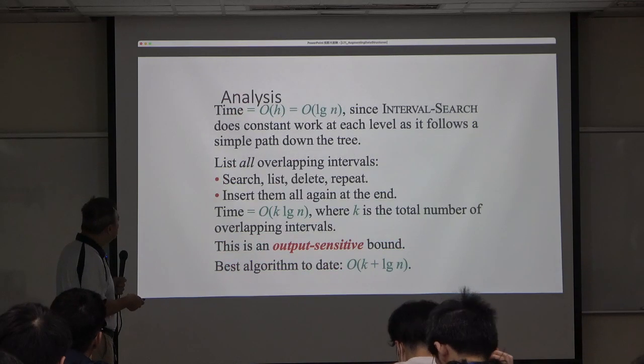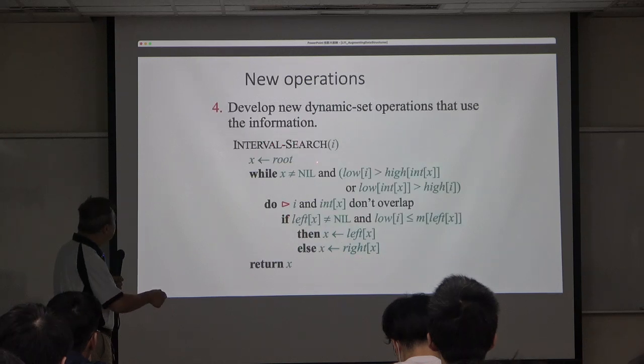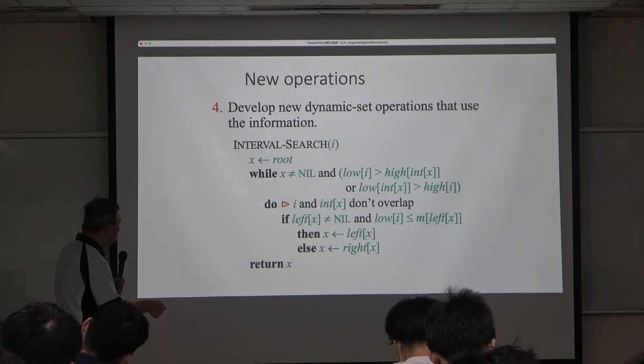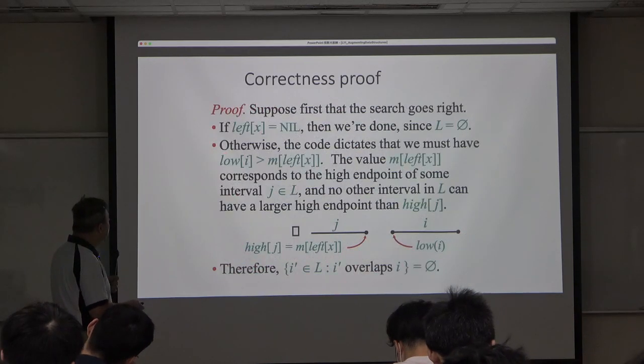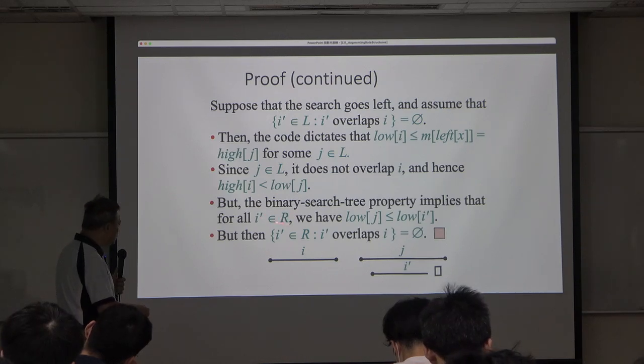But remember, when we come here, we know there's no overlap between the query interval and your X. And the fact that it is a binary search tree implies that for all the intervals that we store in the right subtree, the low[J] must be smaller or equal to low[I'].